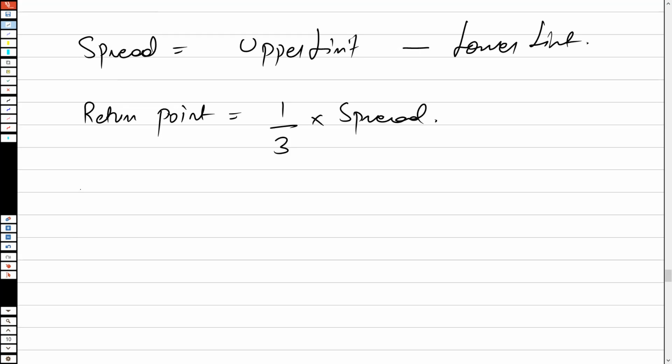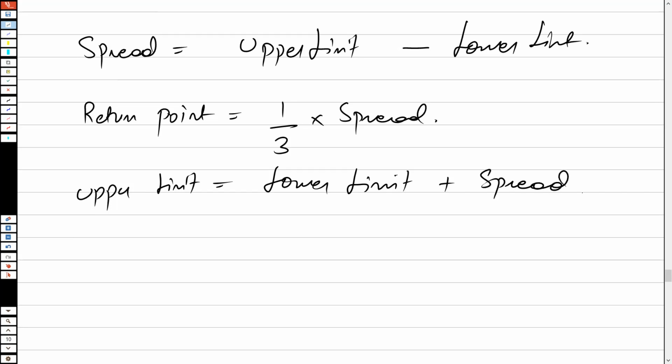The upper limit is lower limit plus spread.